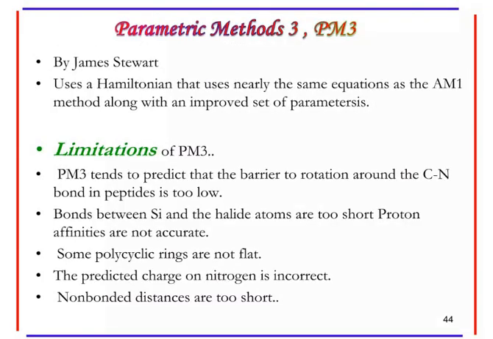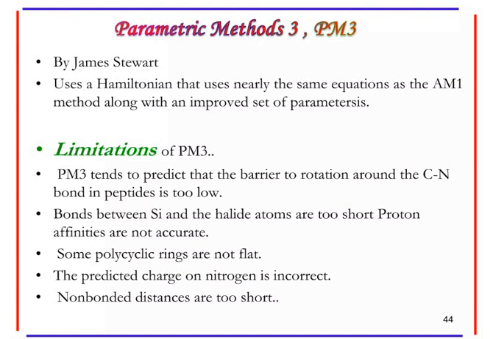Parametric Method 3, PM3, by James Stewart, uses a Hamiltonian that uses nearly the same equations as the AM1 Austin Model 1 method along with an improved set of parameters.